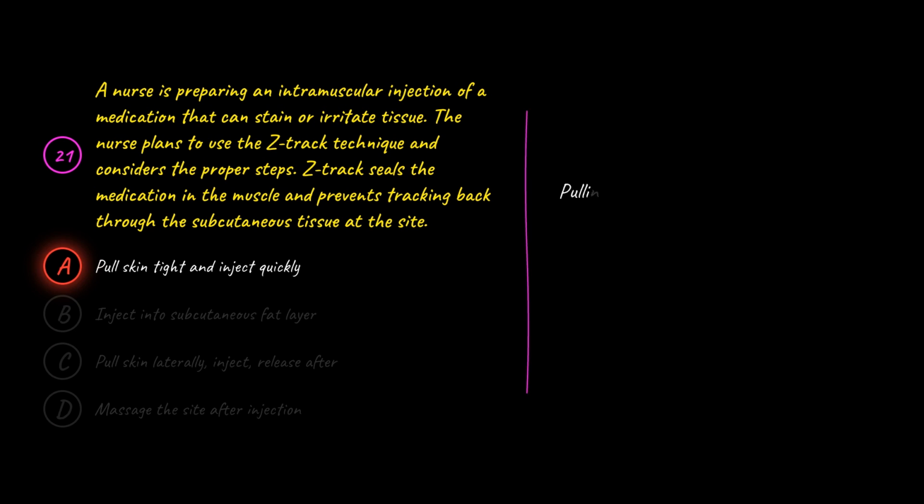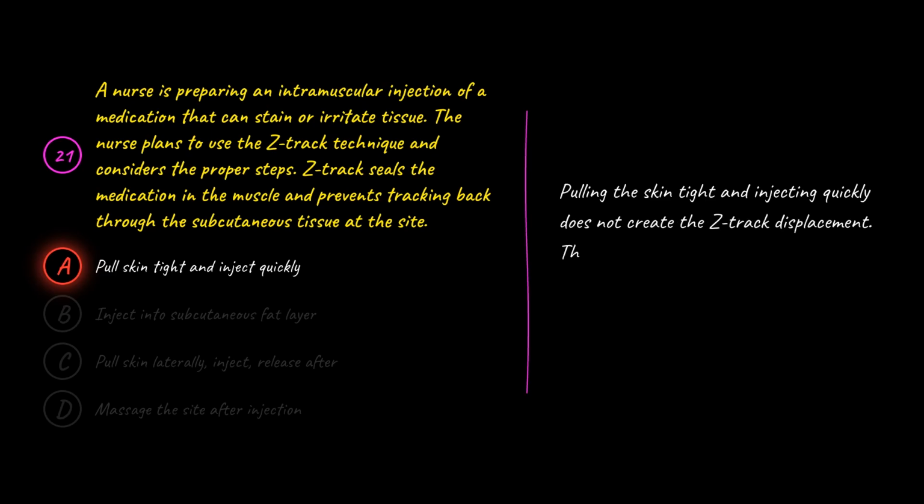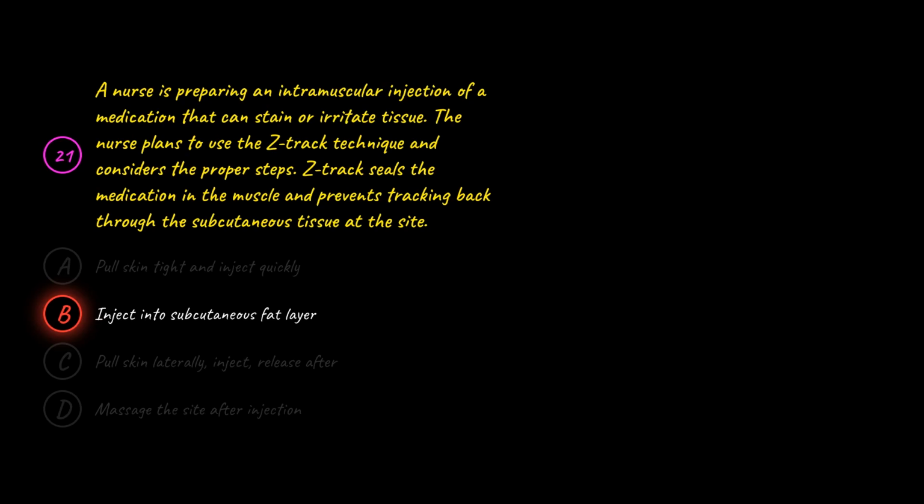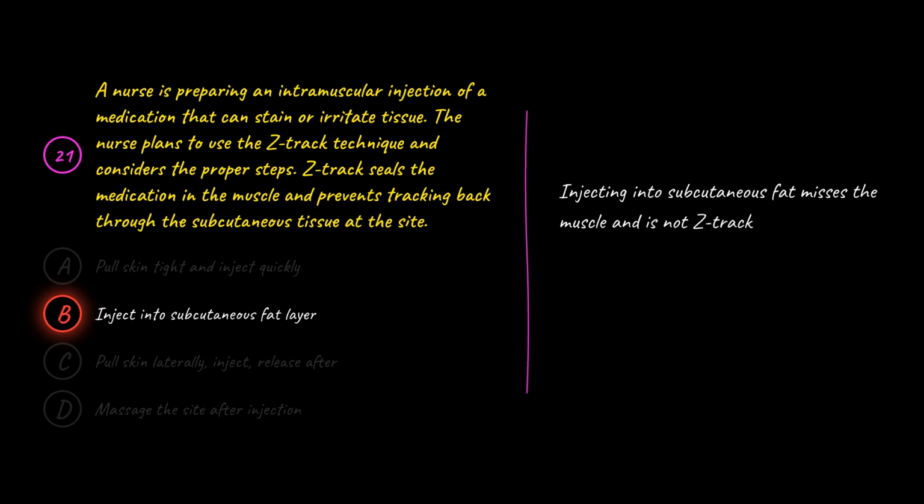A is wrong because pulling the skin tight and injecting quickly does not create the Z-track displacement. The skin must move laterally, not just be tightened, and the release happens after the needle has been withdrawn from the tissue. B is wrong because injecting into subcutaneous fat misses the muscle and is not Z-track technique.